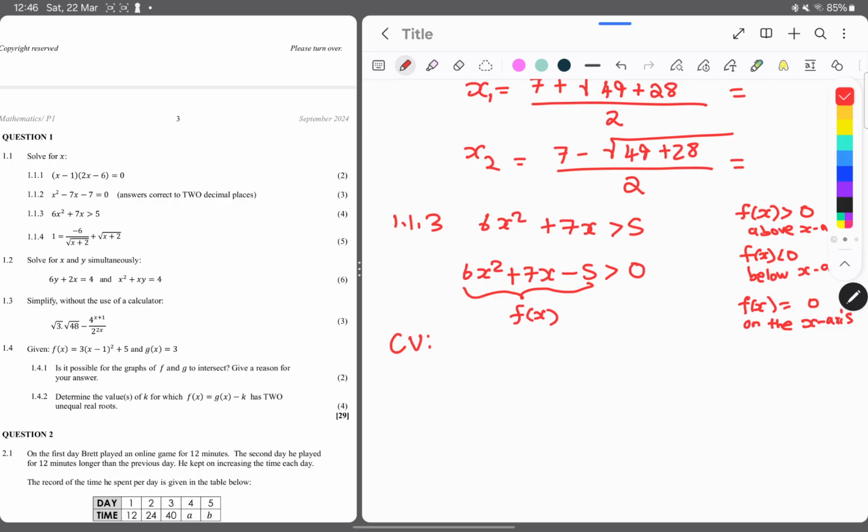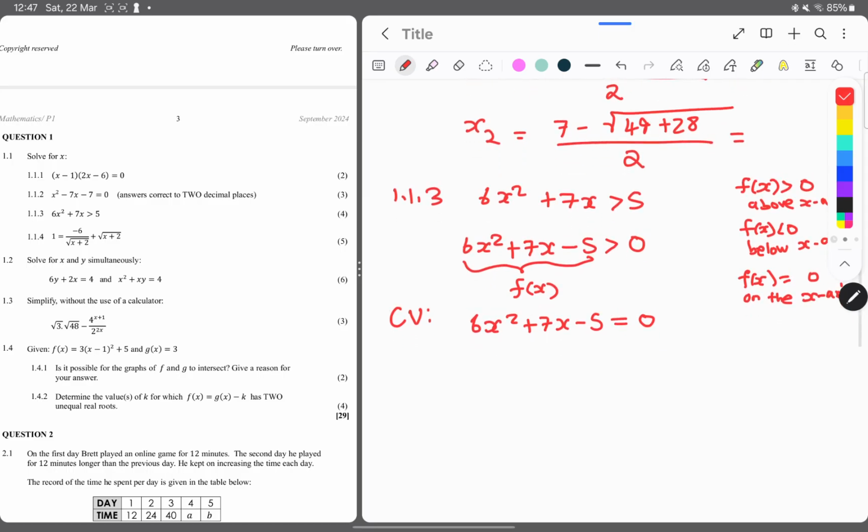You are supposed to write critical values when you change the equation. What are we changing? 6x squared plus 7x minus 5 equals 0, because we are not using the inequality sign. Now, from this, we can either use the quadratic formula again, or factorize.